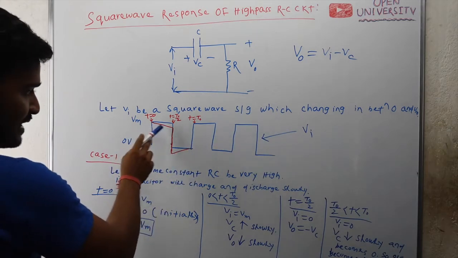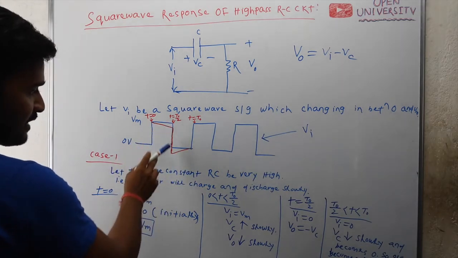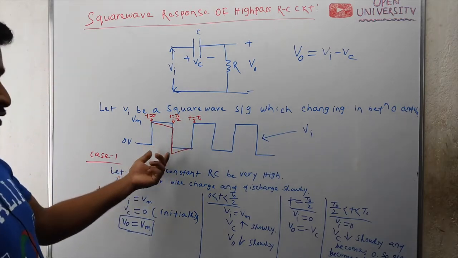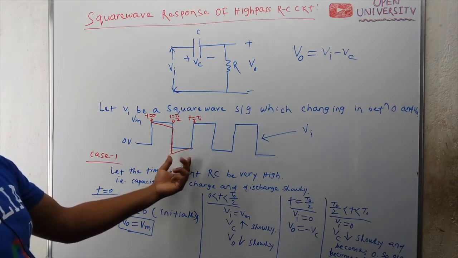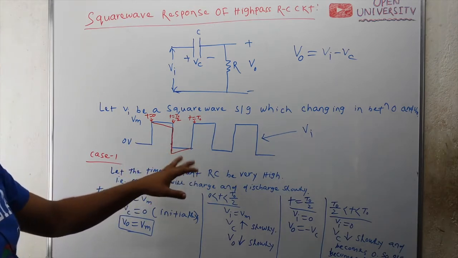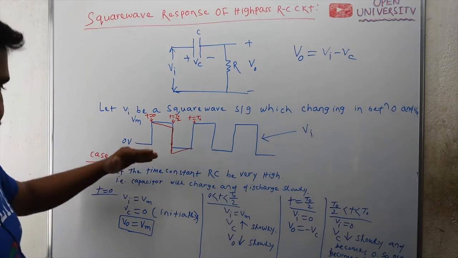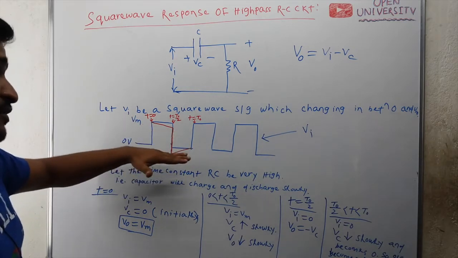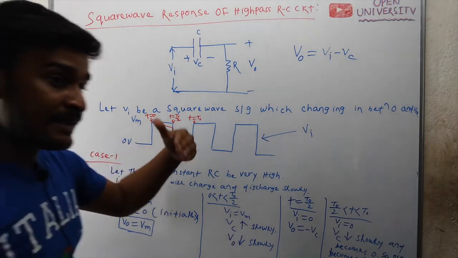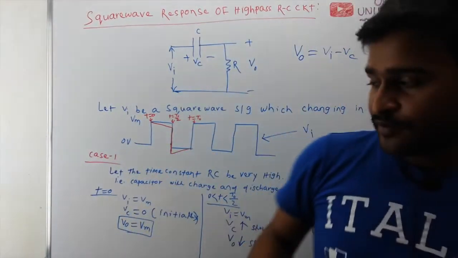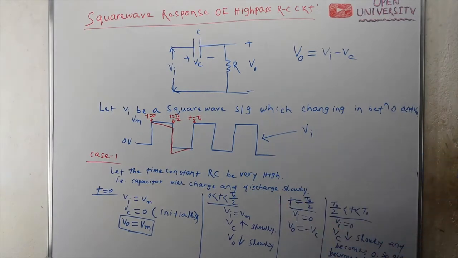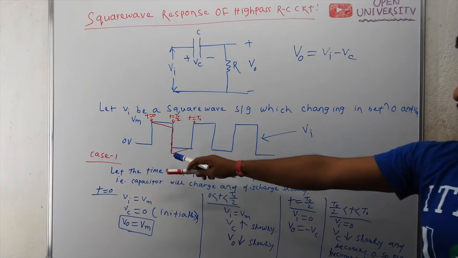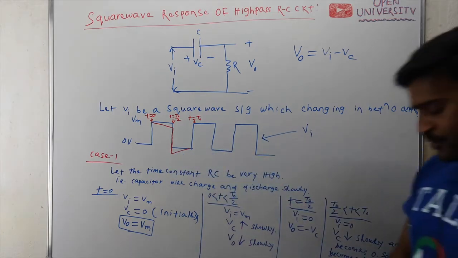Whatever amount of charge is gained in the charging interval, the same amount of charge will be lost by the capacitor in the discharging interval. Since the charging and discharging intervals are the same, in the charging interval whatever voltage is gained by the capacitor, in the discharge interval the same amount of voltage will decrease from the capacitor. So capacitor voltage will decrease like this, and output voltage will become 0 like this. This process will continue.